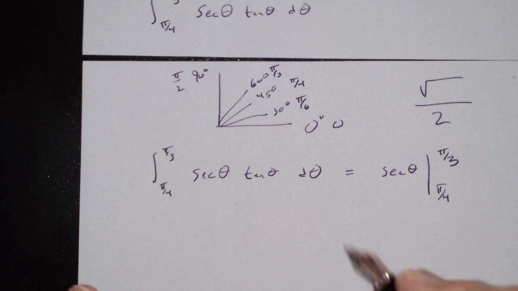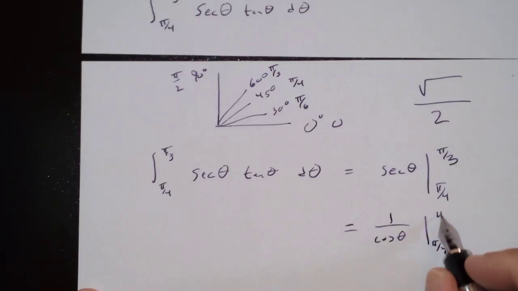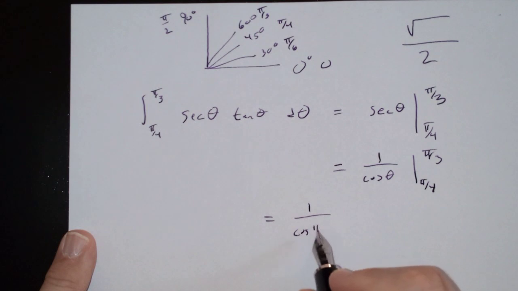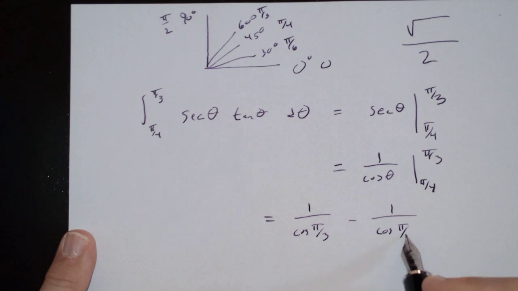So this is going to be 1 over cosine theta, pi over 4, pi over 3, which is 1 over cosine pi over 3 minus 1 over cosine pi over 4.